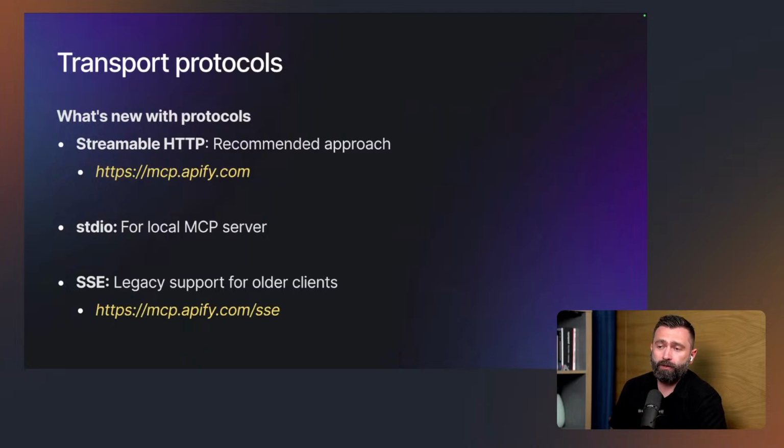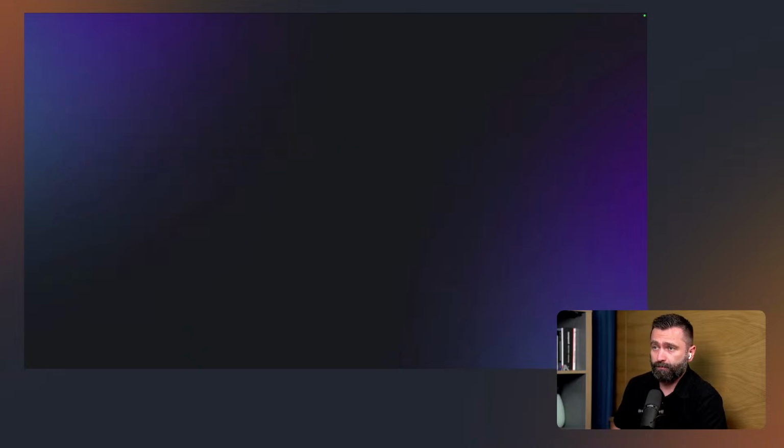There's also a third option, server-sent events, SSE, which is already labeled as legacy because it will be deprecated in the future. Right now, it's still supported because some clients still don't support Streamable HTTP. But in the future, we recommend using Streamable HTTP.